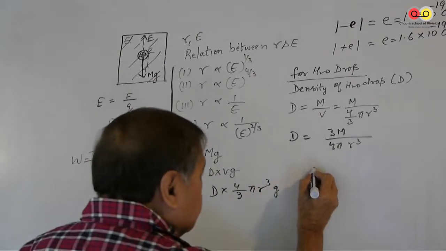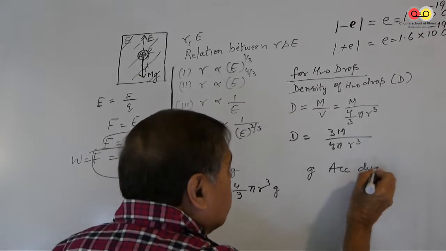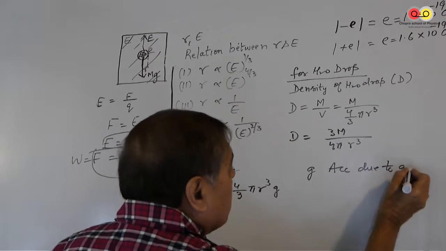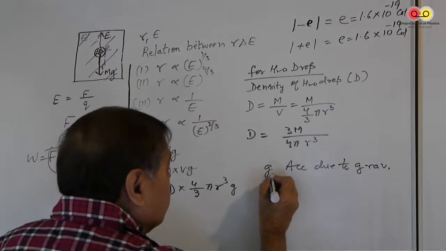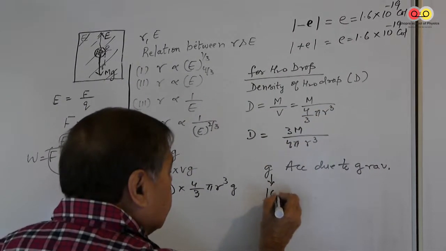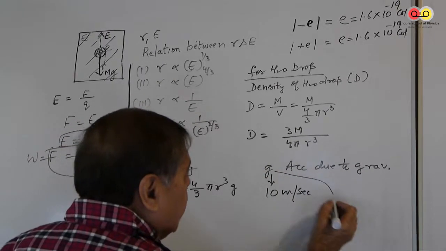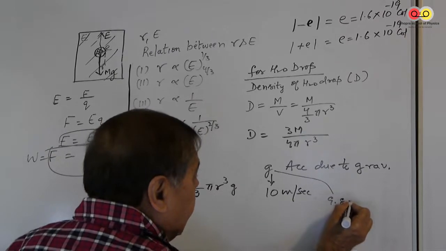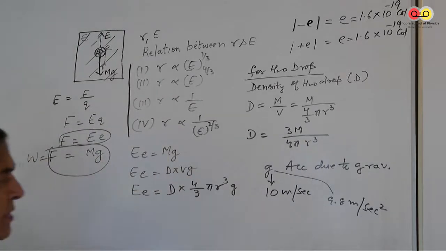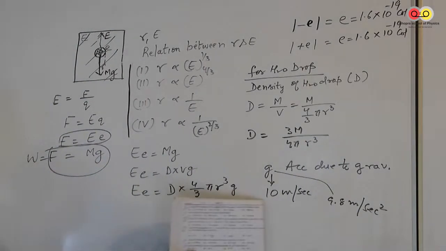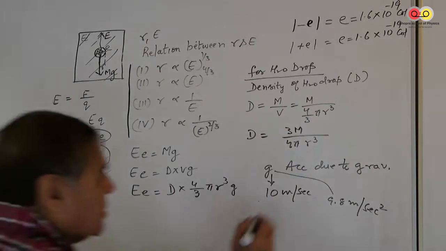You remember g is acceleration due to gravity, and if its value is not given, it is taken as 10 meters per second square. However, its value is 9.8 meters per second square if it is given in the question.